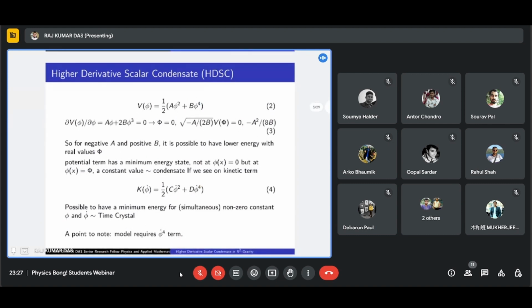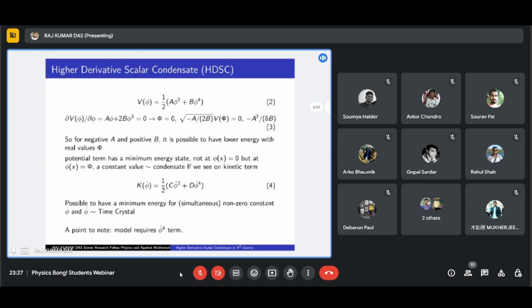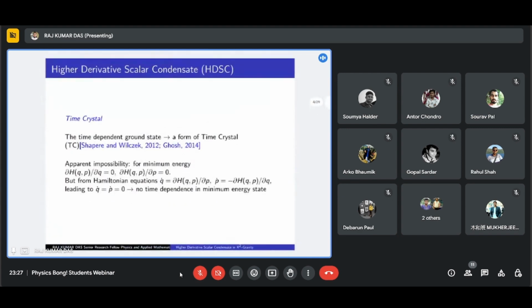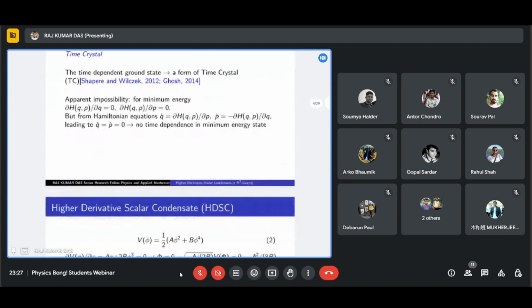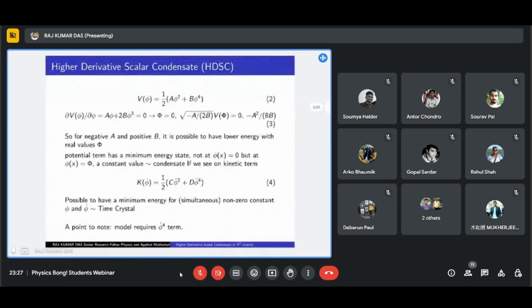So these are the two solutions, and if you add in the kinetic part a term φ dot to the power 4, and evaluate that part, and do the same business, minimizing, you will get φ dot not equal to 0. That is the key interest.